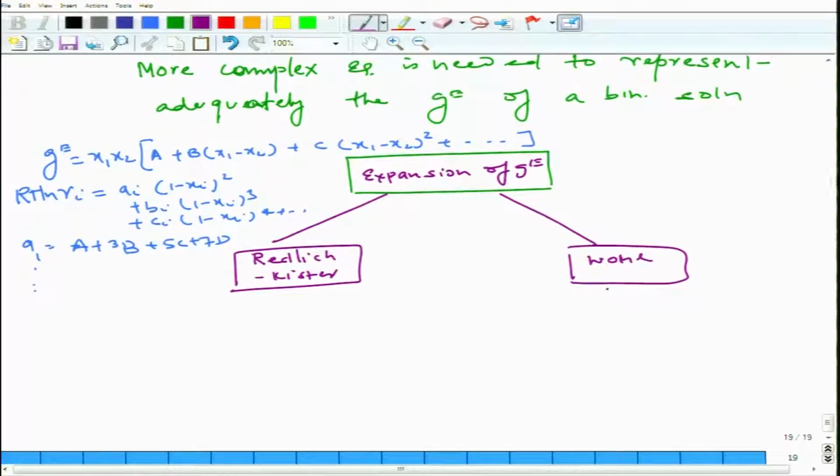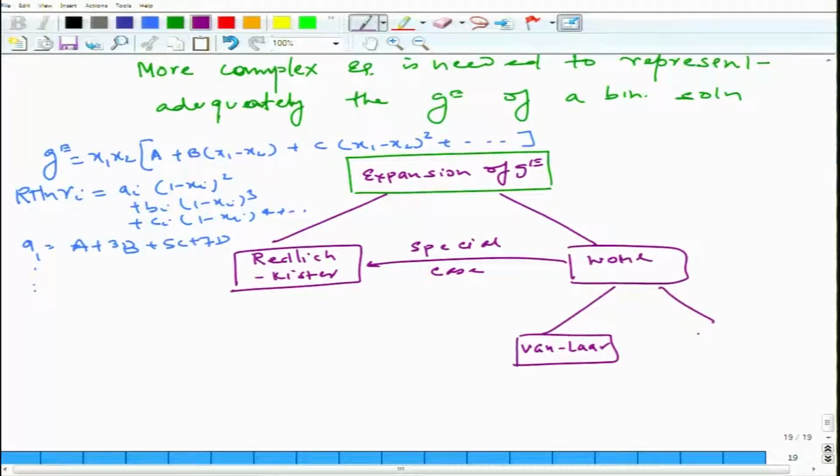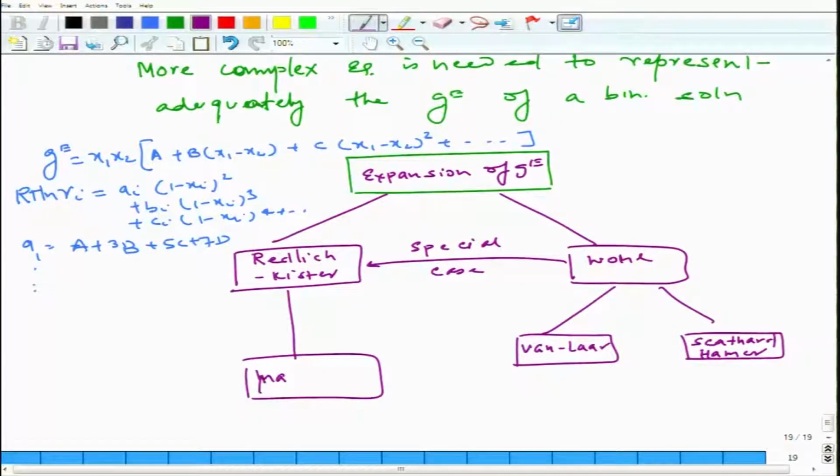The special case of Wohl is basically Redlich-Kister, which is again an expansion of G^E. Using Wohl, we can get Van Laar and also Scatchard-Hamer, and the special case is basically the Margules equation.